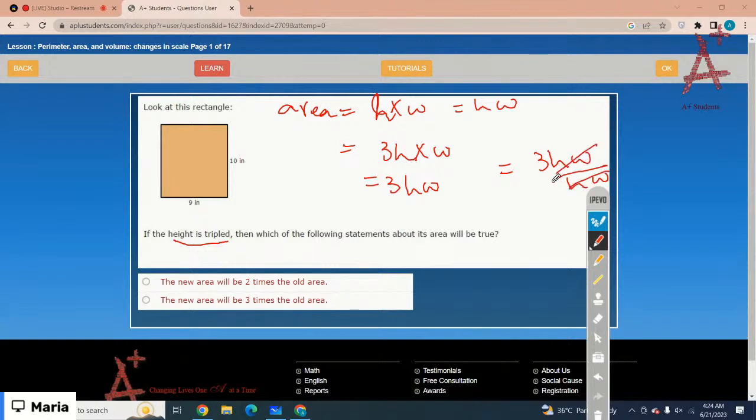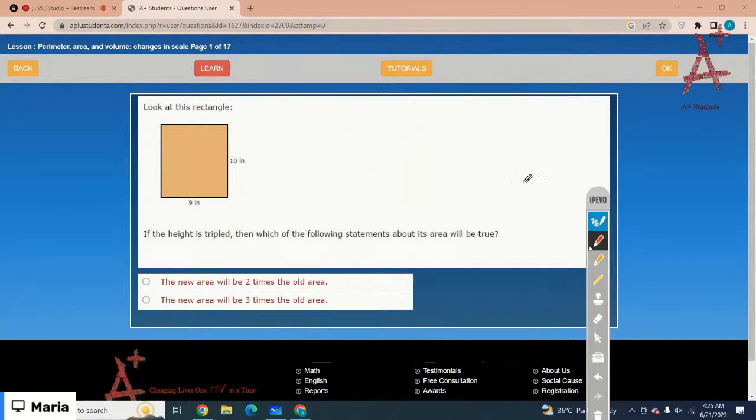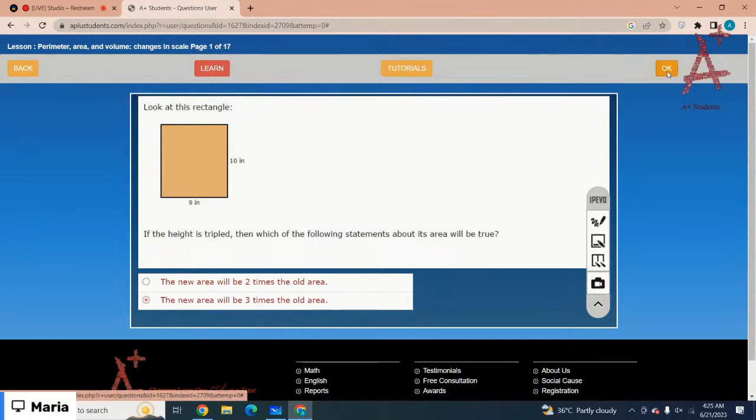When you divide them, hw cancel out, you are left with just 3. That means the new area will be 3 times the old area. Got it? The new area would be 3 times the older area. The second one is the correct option.